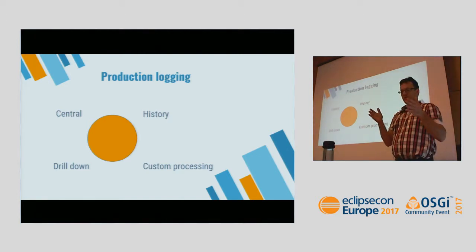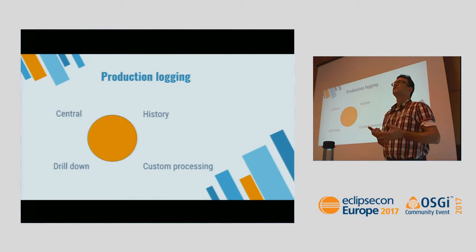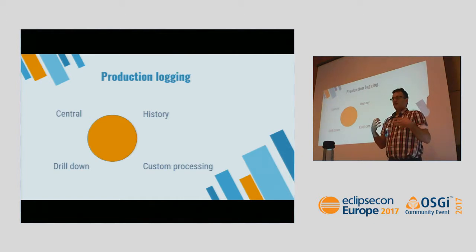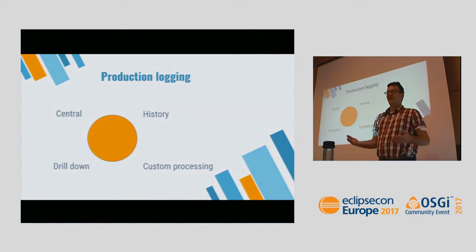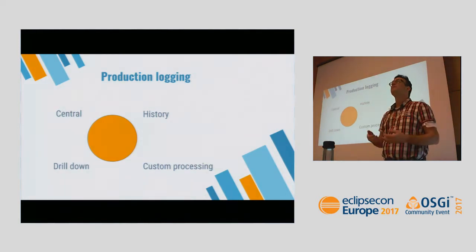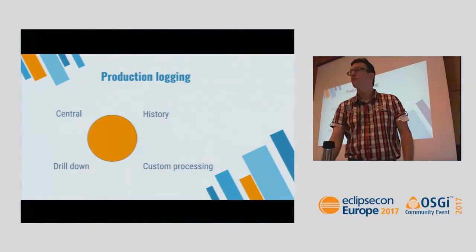And then we will drill down into what is the root cause of a problem. And last but not least, we also want some kind of custom processing whenever the logging framework or monitoring framework we have is too limited for us. We want to be able to enhance it to what we actually need.